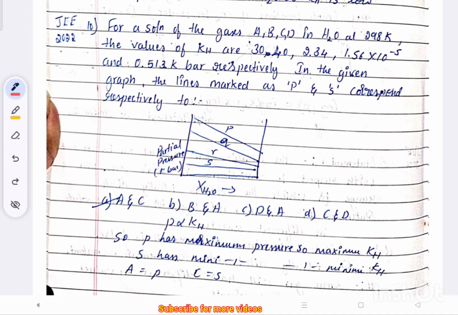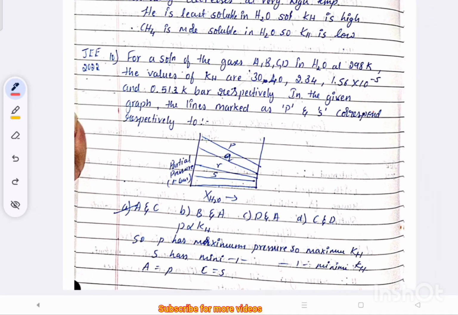Okay. Then next, for a solution of the gases A, B, C, D in water at 298 Kelvin, the values of KH are: A is 30.40, B is 2.34, C is 1.56 times 10 to the power of minus 5, and D is 0.513 kilobar respectively.